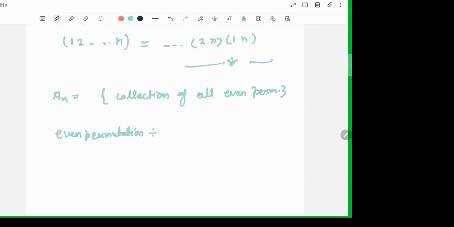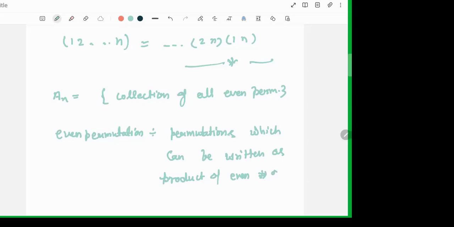Even permutations are permutations which can be written as a product of an even number of 2-cycles.